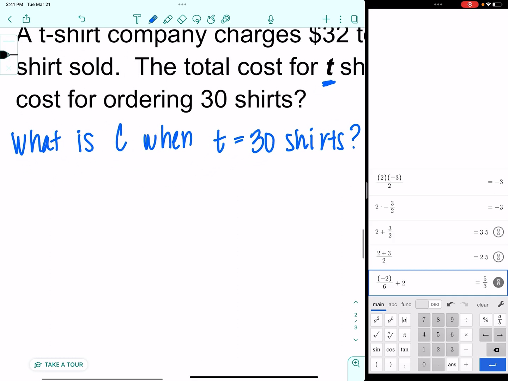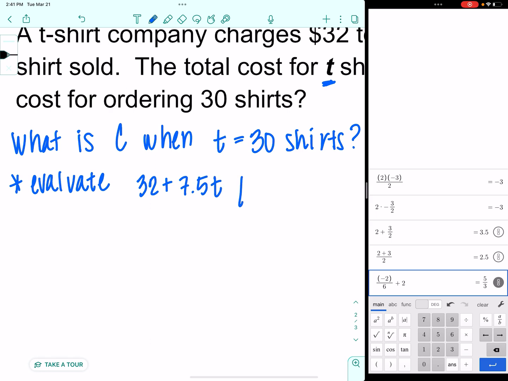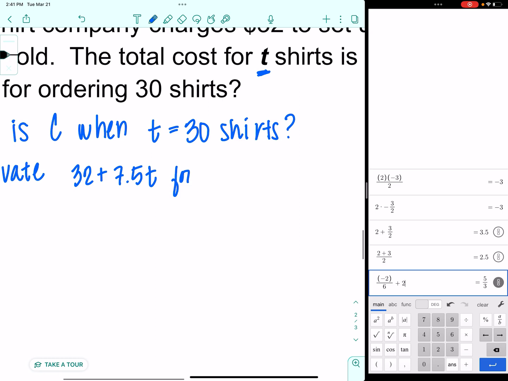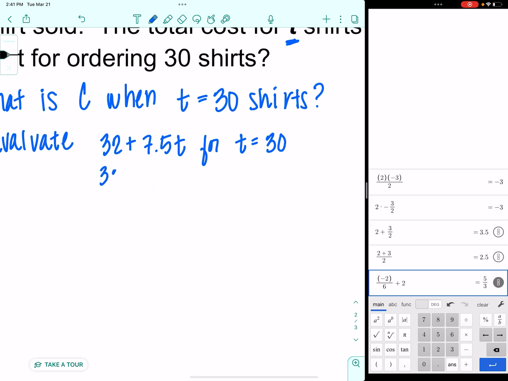All that is a fancy way to say evaluate 32 plus 7.5 T for T equals 30. That's all they're asking you to do. They're asking you to create a hole for the T and plug in that 30. Then you go do the math.